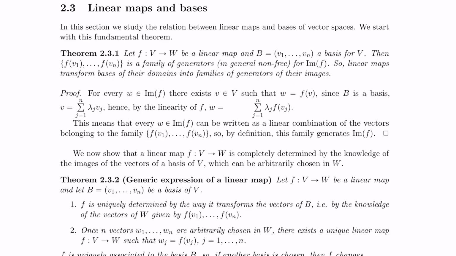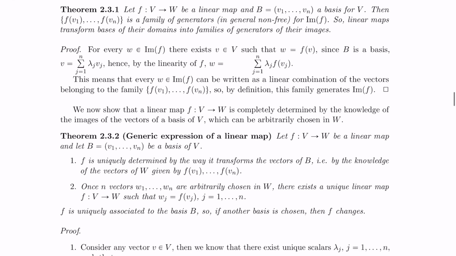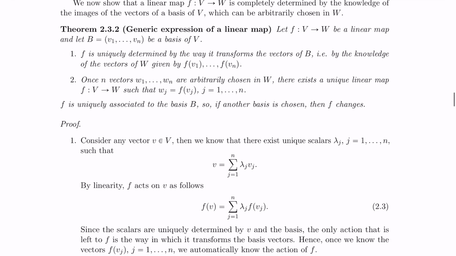We are now ready to state and prove the most important theorem of the section, this one here. Let's consider again a linear map F from V to W and a basis B given by vectors v1, ..., vn for V. Then we have two statements.